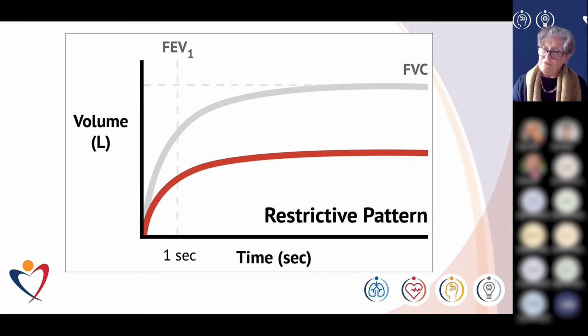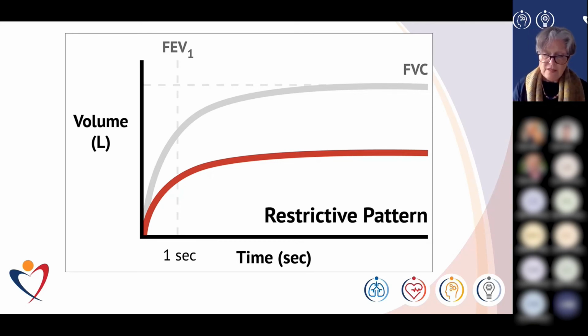It could be because of fibrosed lungs, so they can't expand the lungs. The volume of air is down because they just can't expand the lungs to get the volume of air in. But you can see the FEV1, nothing is obstructing the airway. So the ratio would be normal. And indeed, sometimes the ratio is even higher because nothing is obstructing the airway. But the FEV1 volume is down. The volume of the FVC is down, but the ratio is normal.